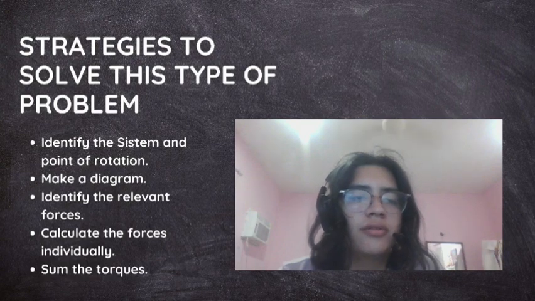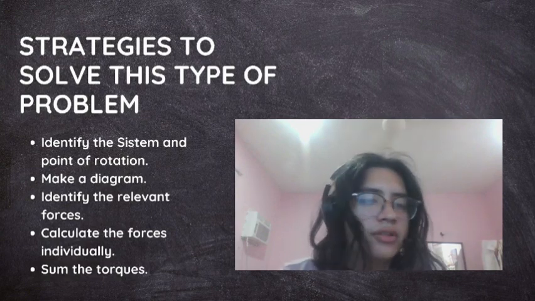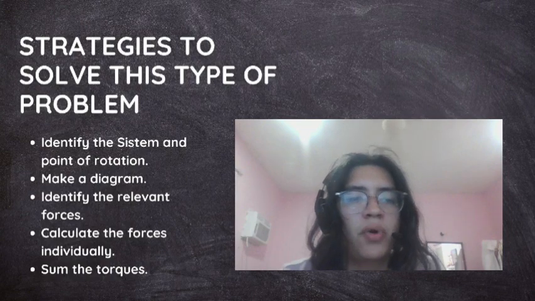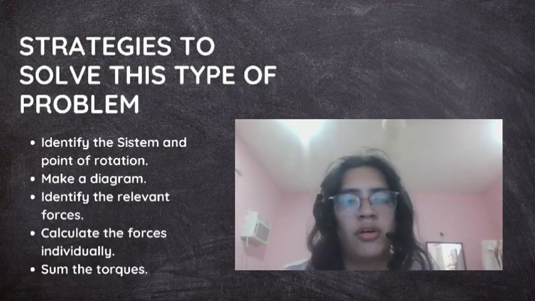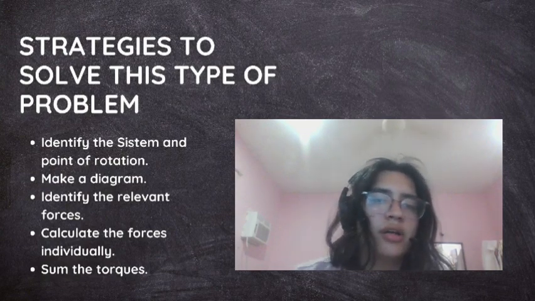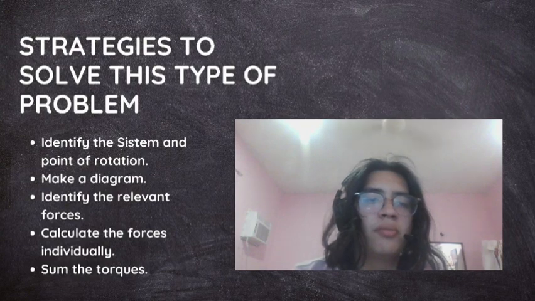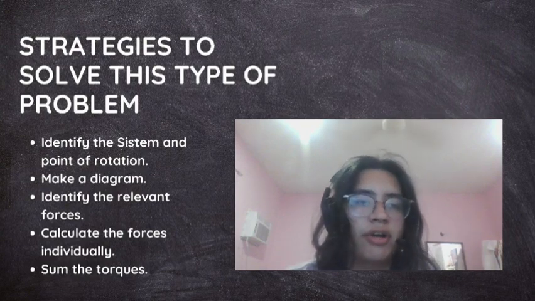Some strategies for resolving this kind of system. First, we need to identify the system. Second, we need to check where the point of rotation is, or in some cases, where we are going to choose the point of rotation. Second is to make a clearer diagram.